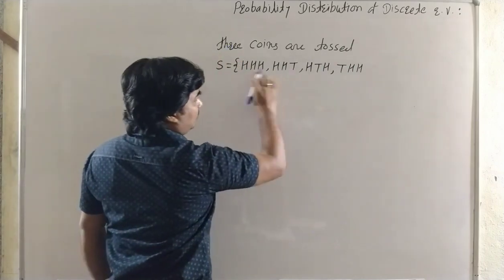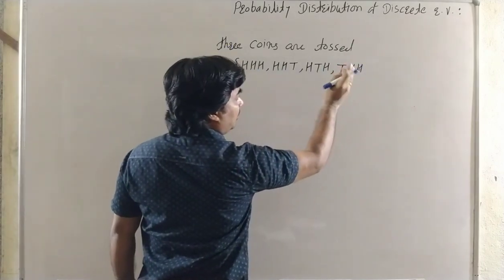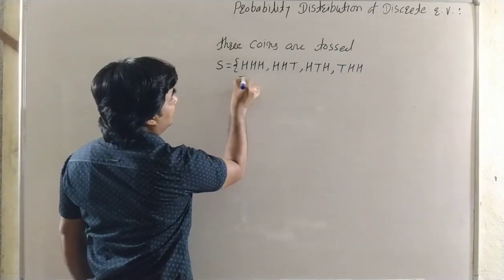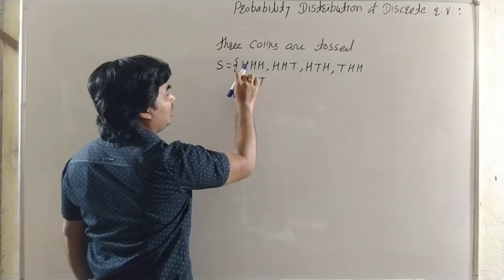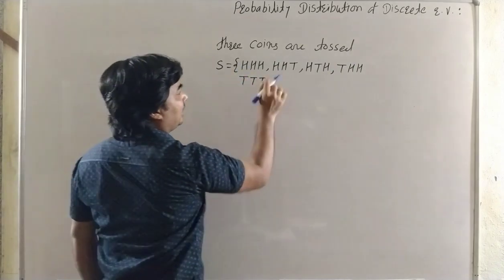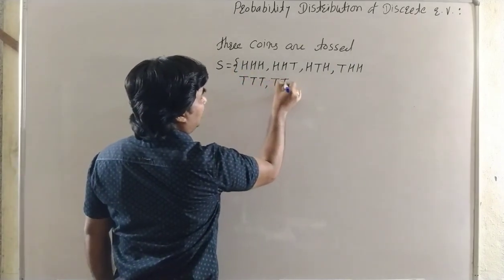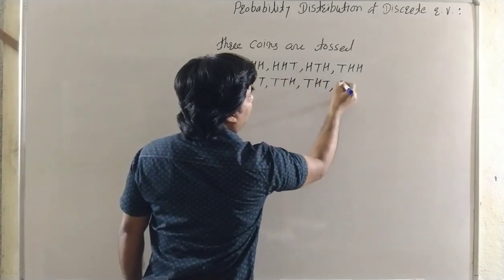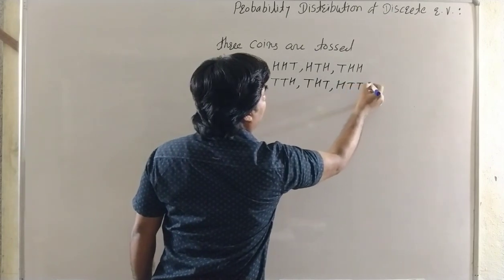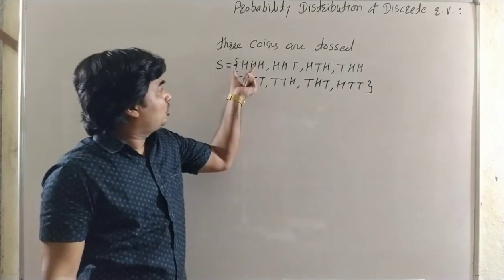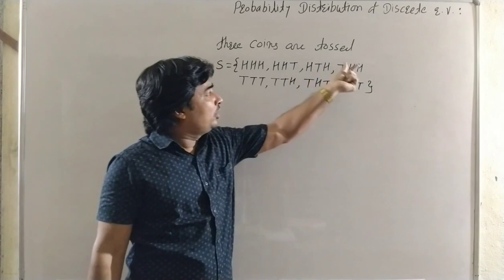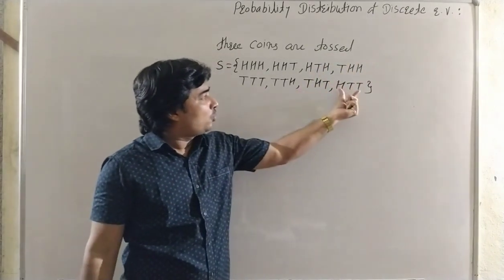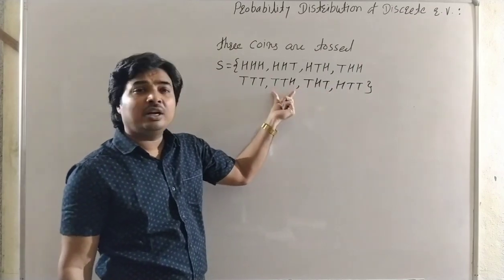Total possibilities are 8 when 3 coins are tossed. This is 4 possibilities out of 8, and the remaining 4 possibilities we can write directly: tail, tail, tail. Only replace head by tail and tail by head. Tail, tail, head, and tail, head, tail, and head, tail, tail. See carefully: 3 heads, then 2 heads with 3 possibilities, then 1 head with again 3 possibilities: 1 head 2 tails, 1 head 2 tails, 1 head 2 tails.